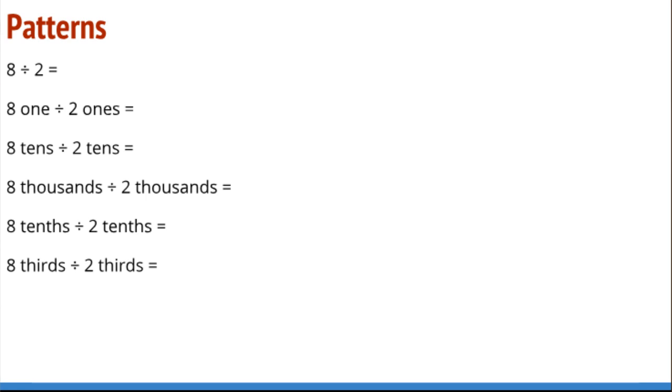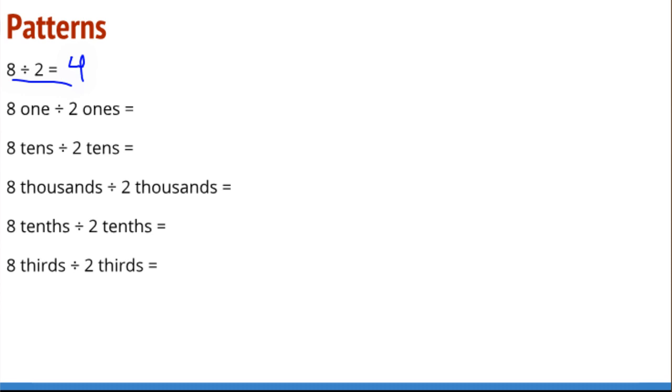Taking a look at some patterns, we're going to look at this concept of units, and we've touched on it briefly in some of the other lessons. They're going to encourage us, as we explore this lesson, to look at unit form. So we have 8 divided by 2, and we probably just memorized that that is 4.